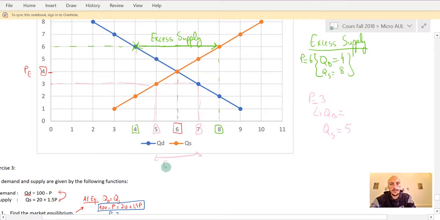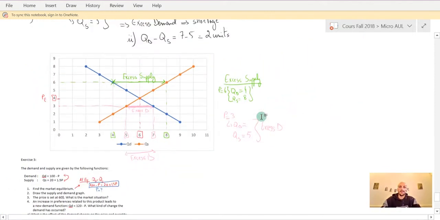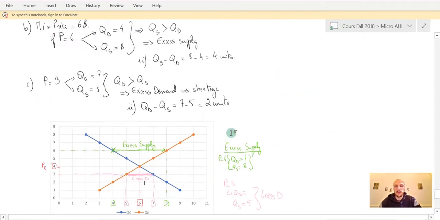So we have again this excess, and this excess here is the excess demand. So at this level we have the excess demand, or we can see it here at this level, excess demand.